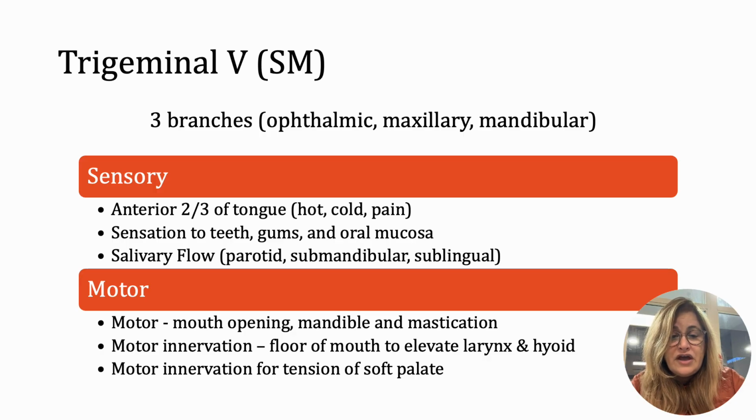Trigeminal nerve has some aspects that help clients or people who are managing the bolus. The anterior 2/3 of the tongue, the sensation of the teeth, gums, and oral mucosa, and the salivary flow from the parotids, submandibulars, and sublingual.